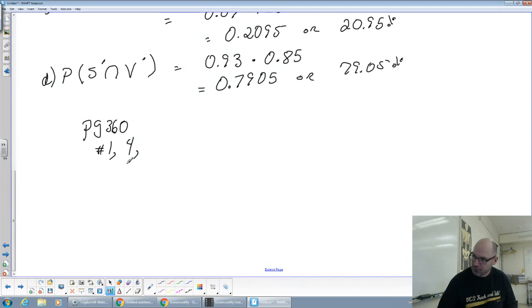Okay, so that's 4. 5, suppose that they give you some results. Are they independent or not independent? Okay, remember that if it follows that formula, this or that formula, then they'll be independent. If it doesn't equal it, then they're not independent. Okay, the tree diagram for number 6. You can do tree diagrams.